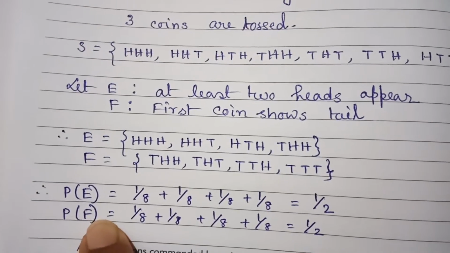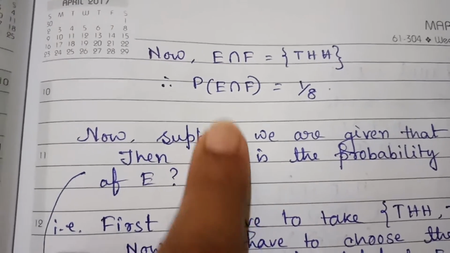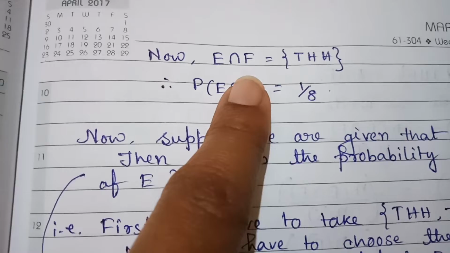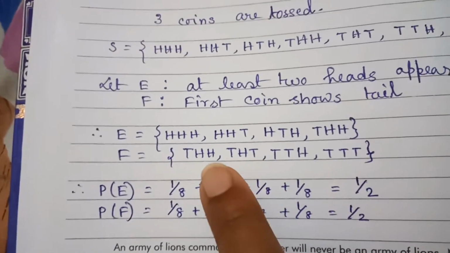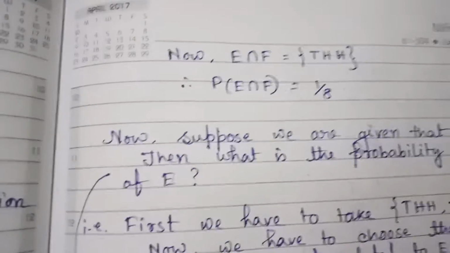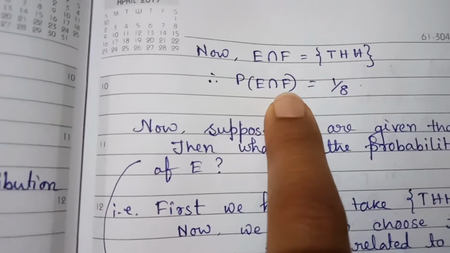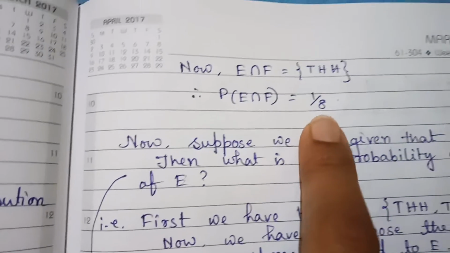Similarly, P of F is also half. Now, E intersection F is equal to THH because we have got the common element here. THH is the common element. So P of E intersection F, one element is there, that means it's 1 by 8.